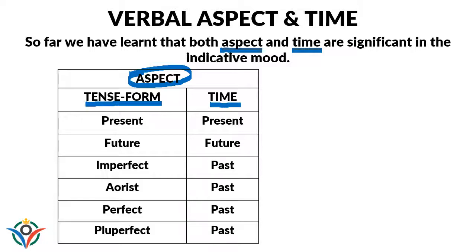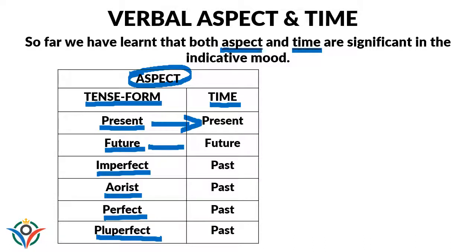So there are 6 tense forms in Greek: the present, future, imperfect, aorist, perfect, and pluperfect. And in the indicative mood, these tense forms correspond to relevant times. So the present tense form relates to an action in the present time, the future tense form to an action in the future time, and the imperfect, the aorist, the perfect, and the pluperfect tense forms relate to actions that have happened in the past.